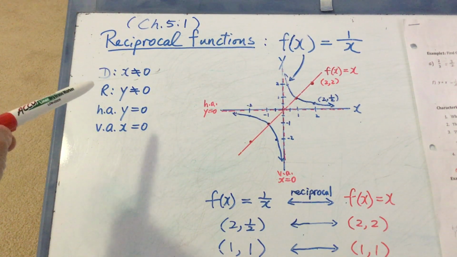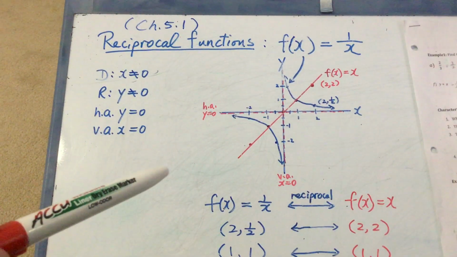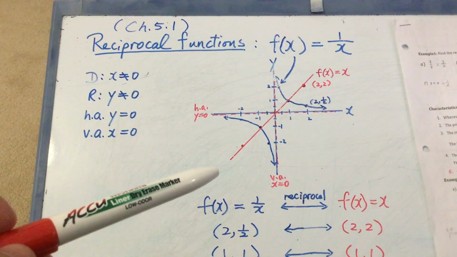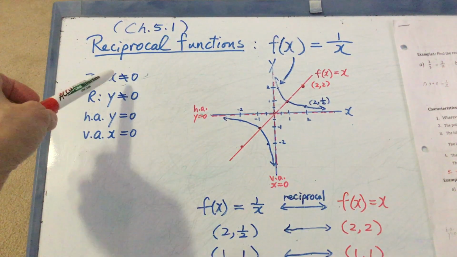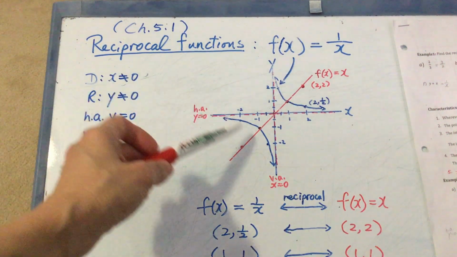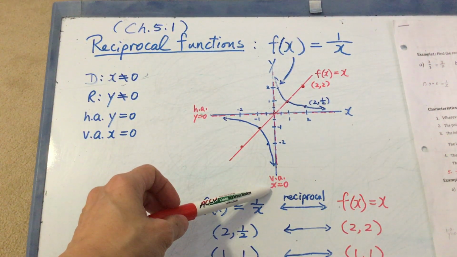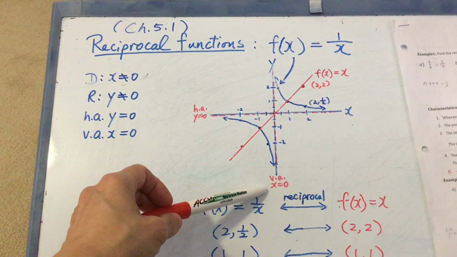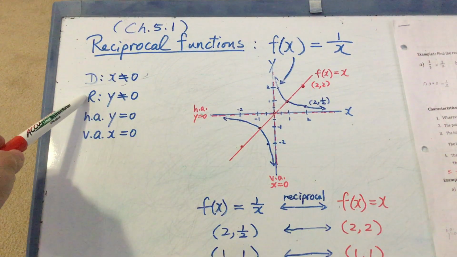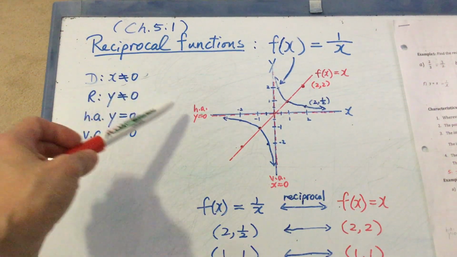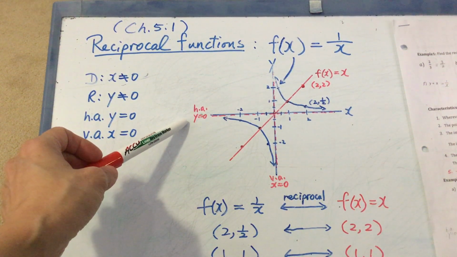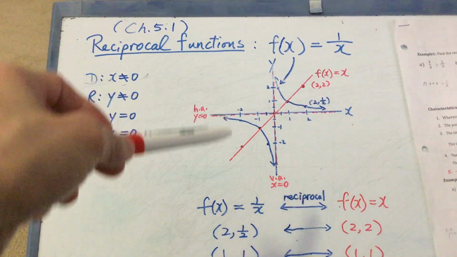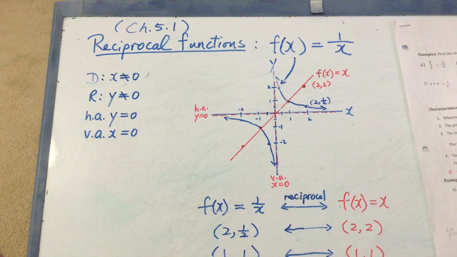Because of the domain and range, we know that there are asymptotes: because x does not equal 0, it generates a vertical asymptote at x equals 0, and because the range cannot be equal to 0, we have a horizontal asymptote at y equals 0. Okay, so those are the basic characteristics of the reciprocal function.